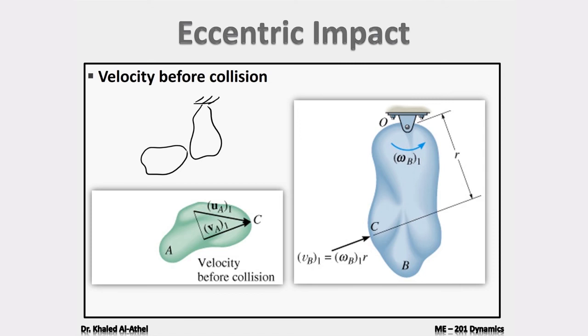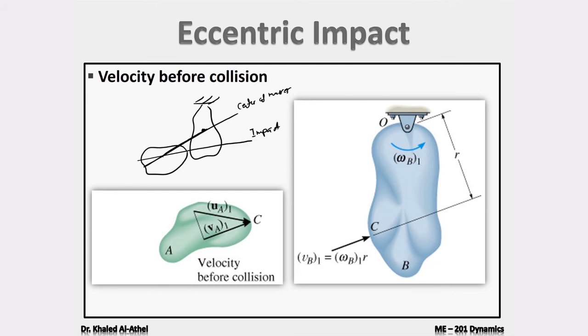The line connecting the centers of mass is this line, but the line of impact is this one. If the two are not the same, then this is considered eccentric impact.